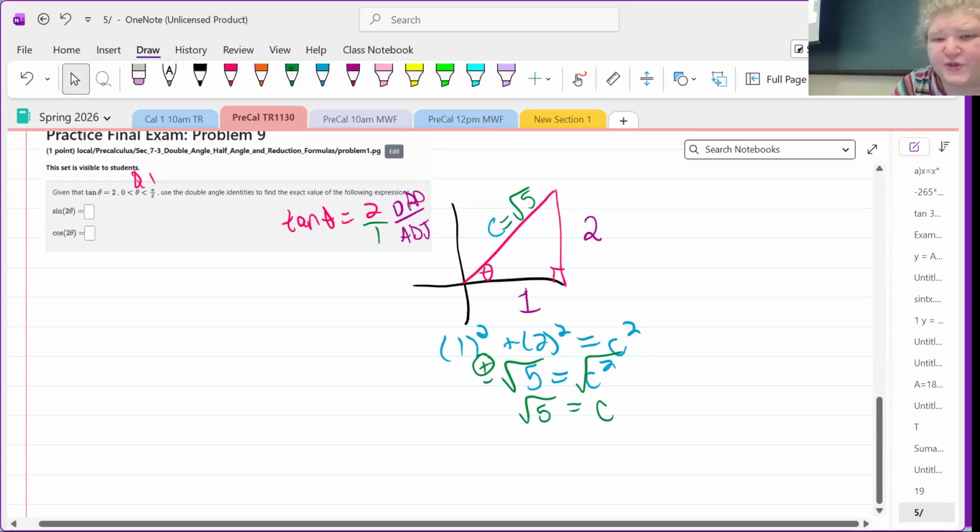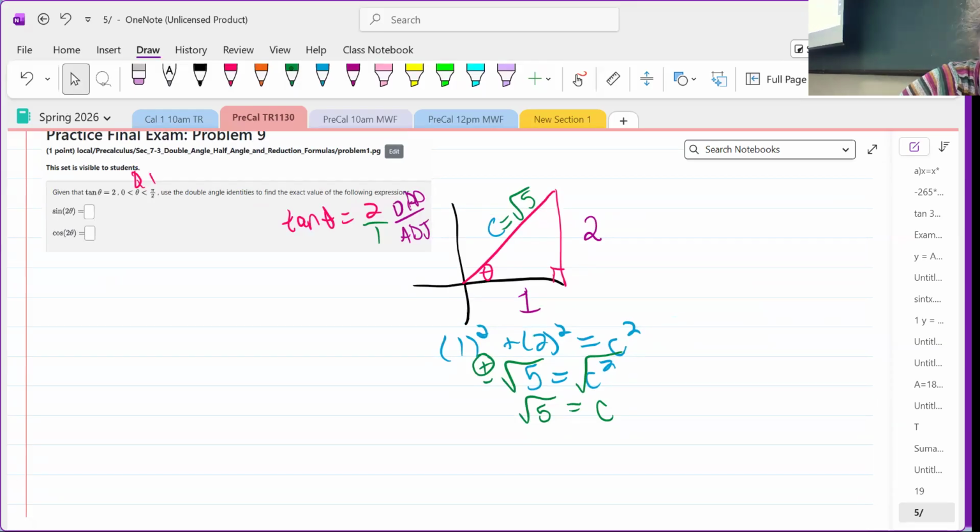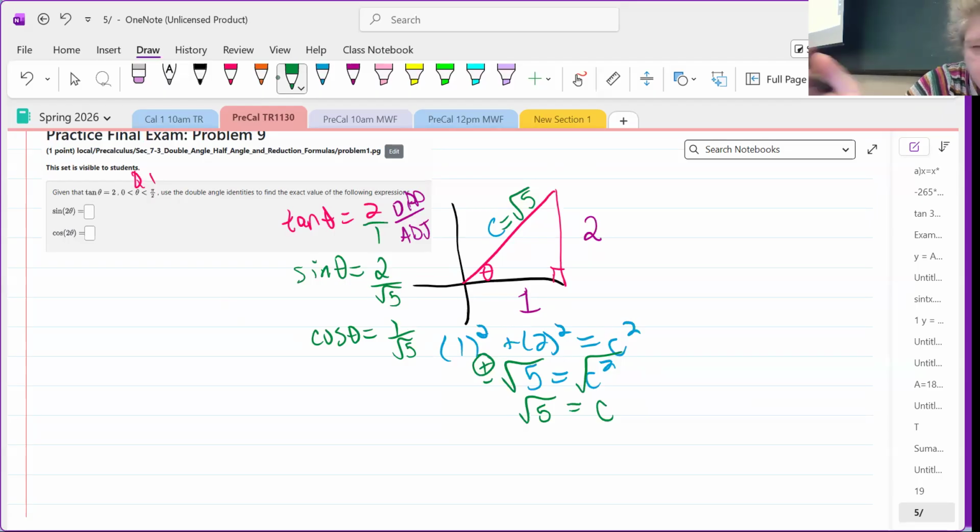So I figured out the third side of the triangle, so I can state what the sine of theta and the cosine of theta are. Sine of theta, opposite 2 over hypotenuse square root of 5. And cosine of theta is 1 over the square root of 5. Now, if this was in some other quadrant, some of those would be negative or both of them. But since we're in quadrant 1, everything's positive.